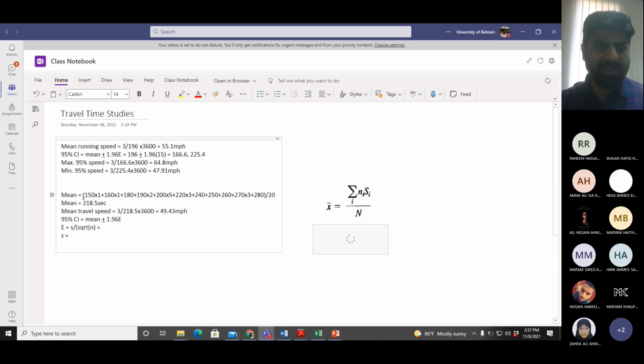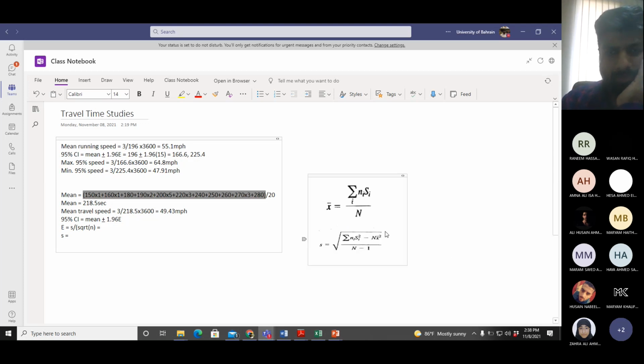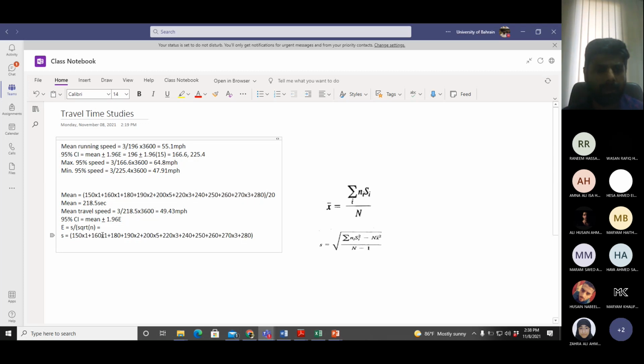Now for standard deviation, you take this bracket and instead of multiplying with x, you multiply by x square. Okay, the equation will come. So instead of multiplying with only x, I need to multiply by x square, or the value of the travel time square. This whole thing is in the square root.